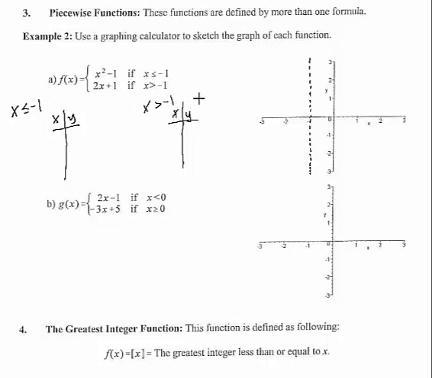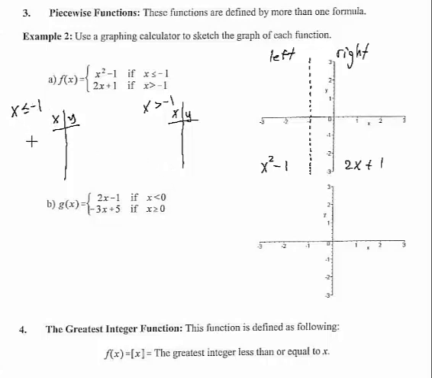In reference to my graph, I can say left and I can say right side. The left is going to be the portion that is less than negative 1. The x's are less. So the expression that we're dealing with is x squared minus 1, and on the right we have 2x plus 1.